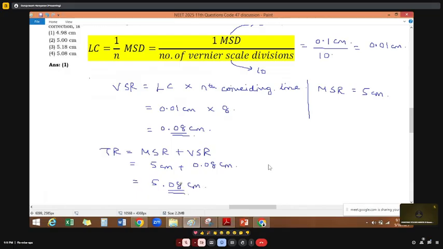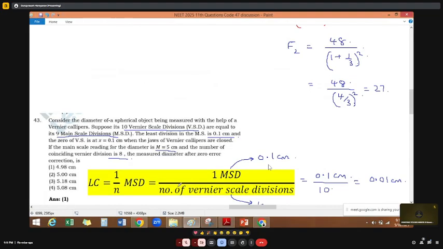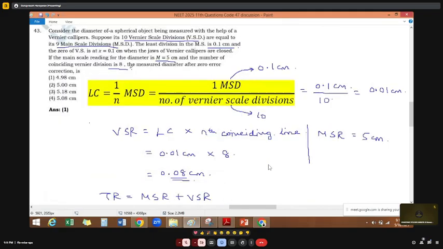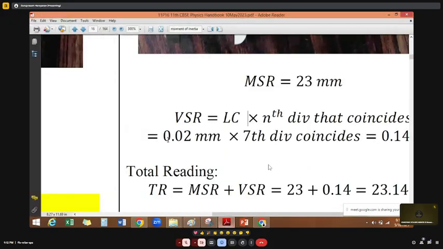This is without zero error correction. But read the question carefully, to make it slightly difficult, not very difficult, slightly difficult. What they said is the zero of the vernier is not matching perfectly with the zero of the main scale. So what it means is, again, I will go to this picture.